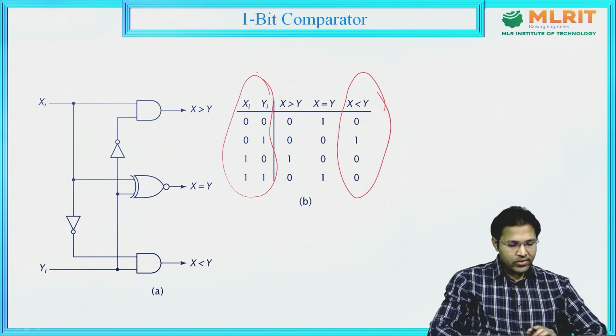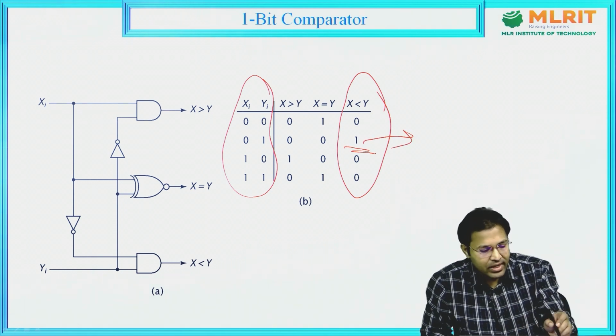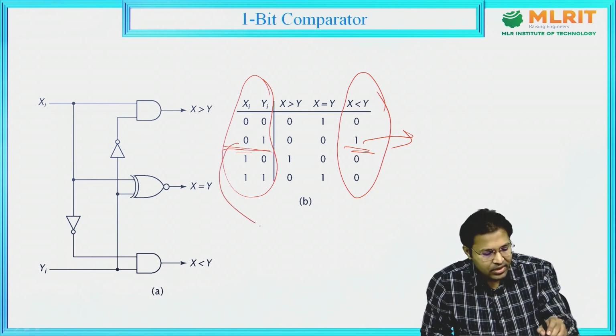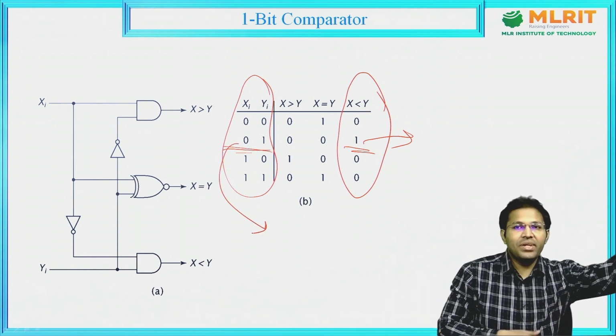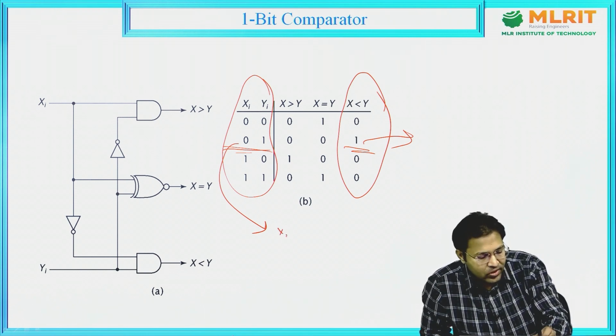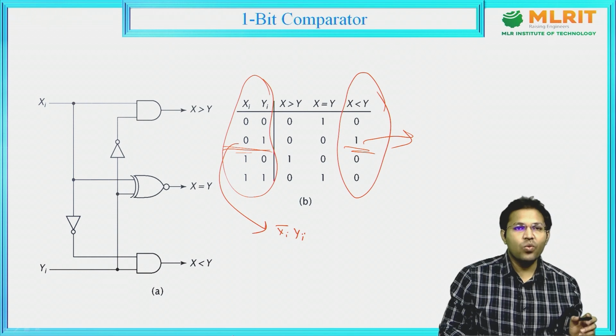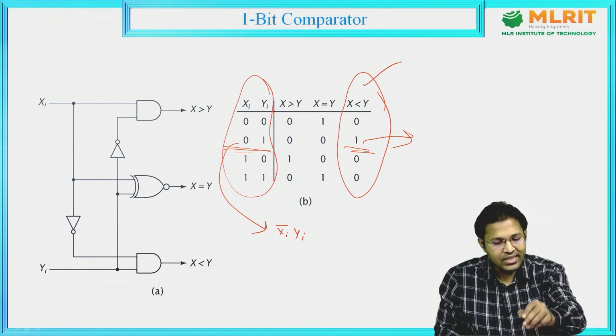Again there is only one case where the output is 1. Based on the previous logic, xi is 0, so xi bar, and yi is 1, so we take yi: xi bar into yi for x less than y.